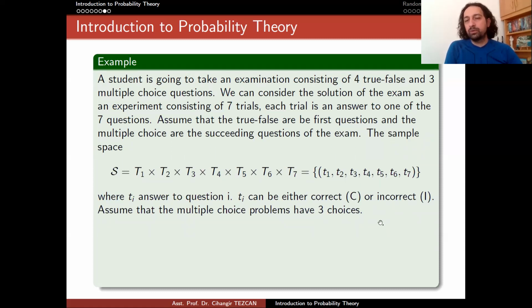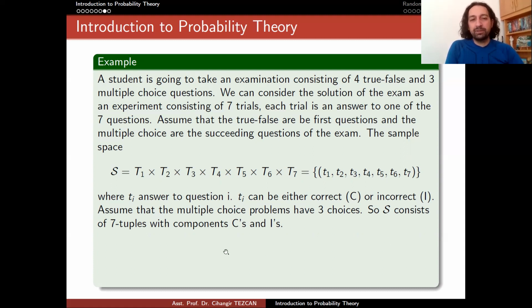But for the true-false questions, your probability of randomly guessing and winning is just 1/2. So you are luckier with true-false questions because the possible outcomes are fewer. S consists of 7-tuples with components C's and I's, so correct or incorrect.